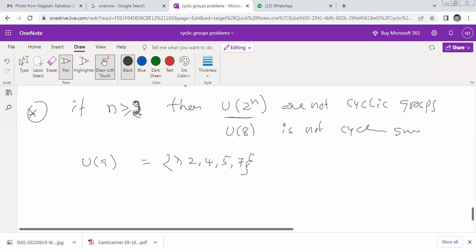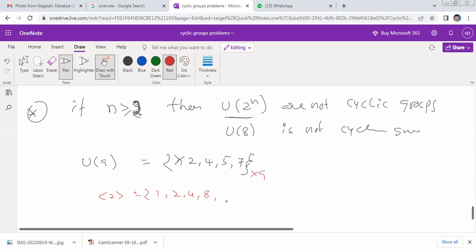1 is not a generator. 2 is a generator. 2 power 0 is 1, 2 squared is 4, modulo 9. 2 cubed is 8.